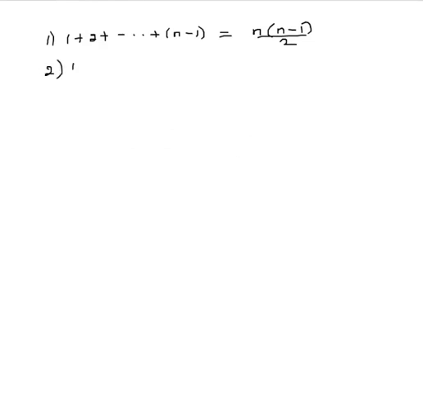Similarly, the next formula, sum of squares of n natural numbers, we have studied. But here the last term is (n minus 1) the whole square. Therefore, the formula becomes n into (n minus 1) into (2n minus 1) divided by 6. In the formula, you will have a minus sign.